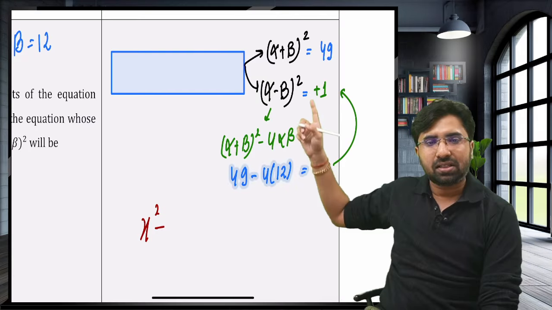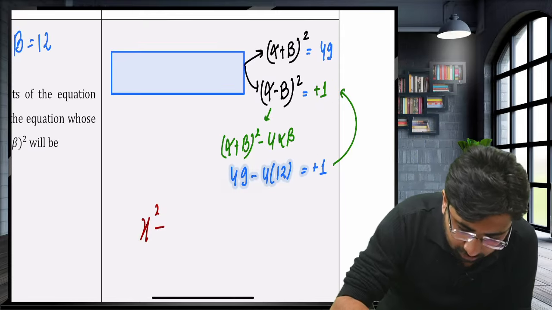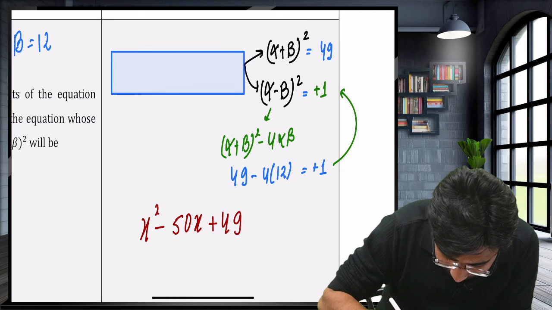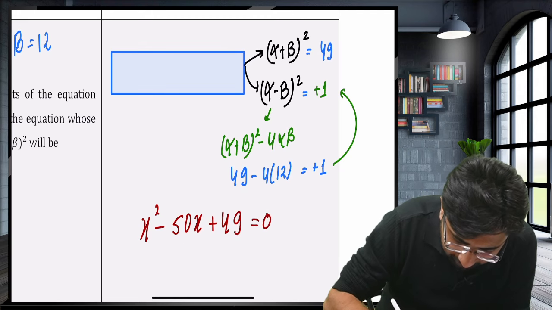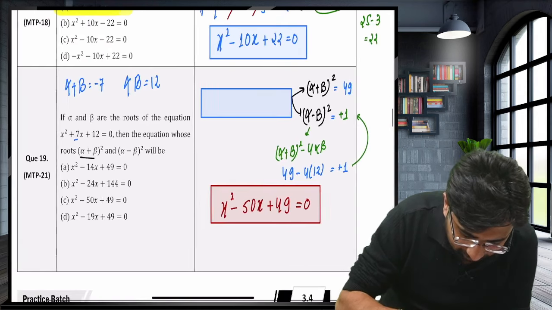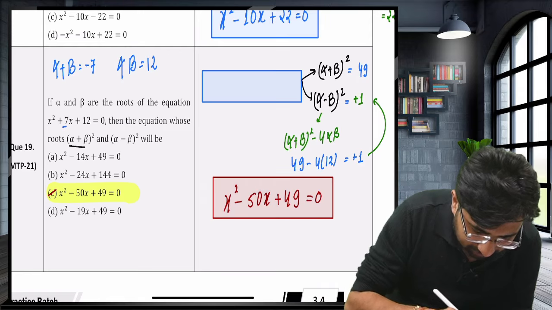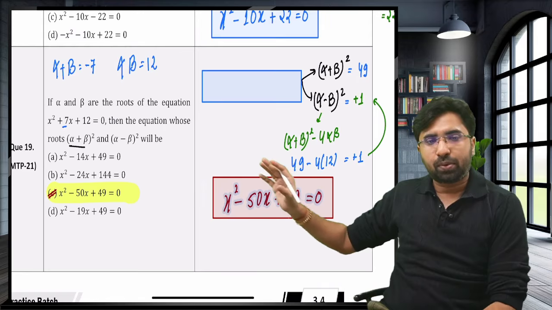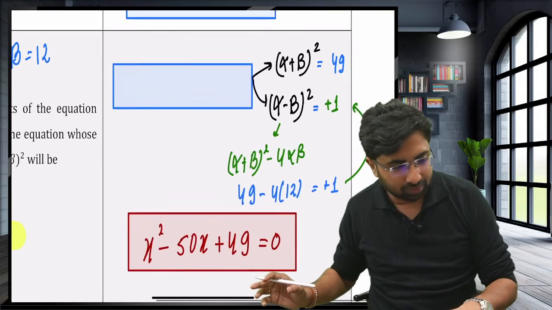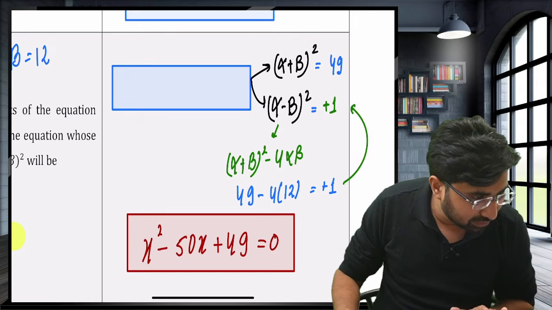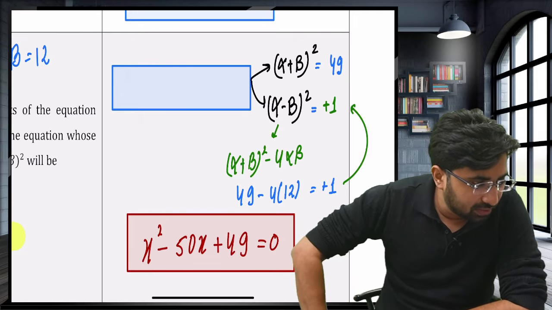Yes, x square minus sum of the roots into x plus product of the roots is equals to 0. And the correct answer for this will be x square minus 50x plus 49 is equals to 0. Everybody, option C will be the correct answer. Yes, right answer.